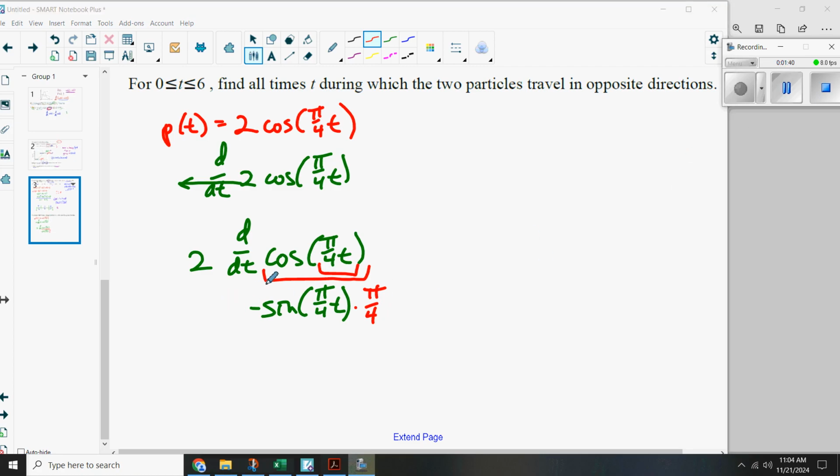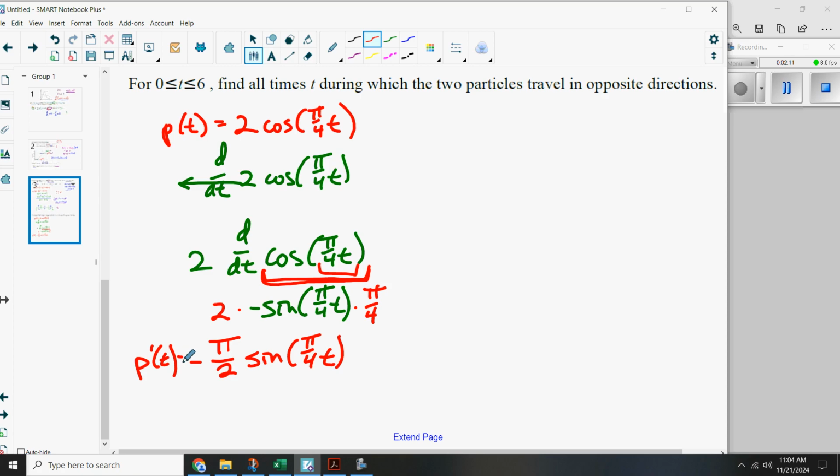I pull my 2 through, so it's 2 times that. Well, 2 times pi over 4 is pi over 2. And with the negative sign, I get negative pi over 2 sine of pi over 4 t, and that is P prime of t.